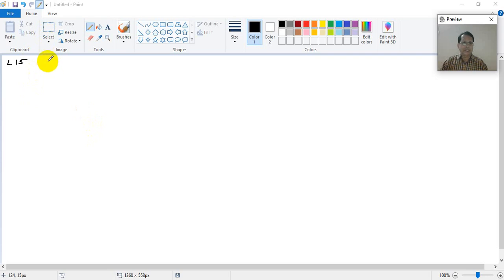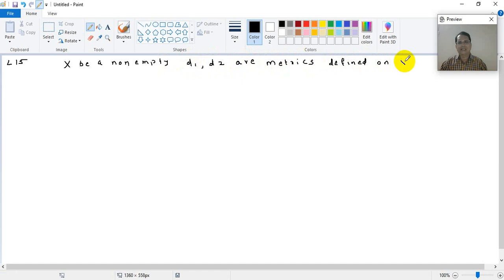So now the problem that we will try to do is, suppose X is a non-empty set, and d1 and d2 are metrics defined on X. That means you know that (X, d1) is a metric space, and (X, d2) is also a metric space.